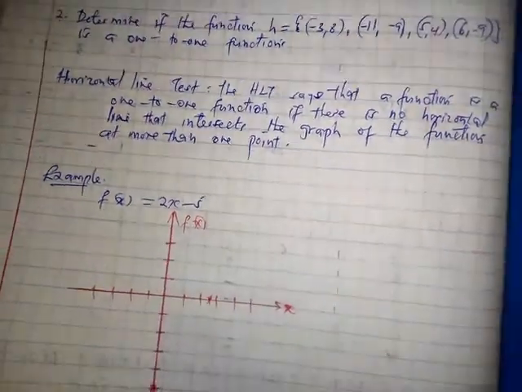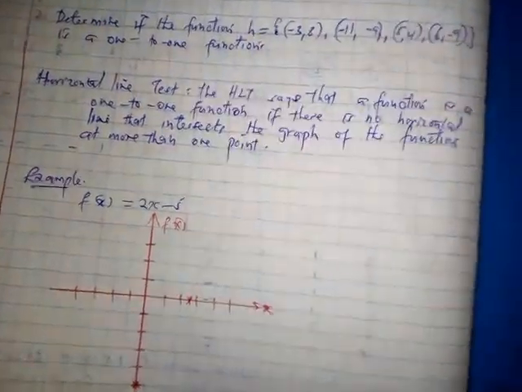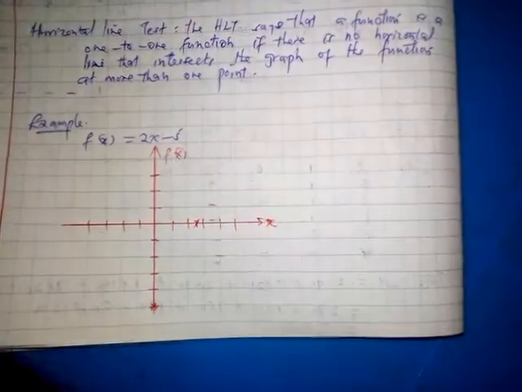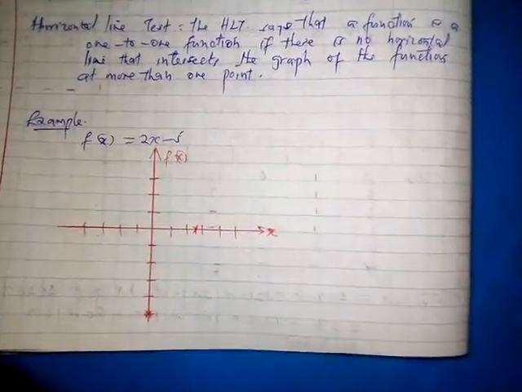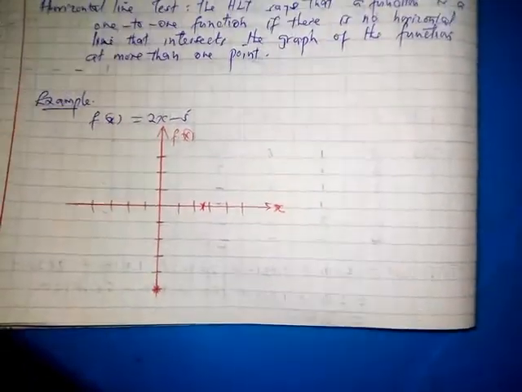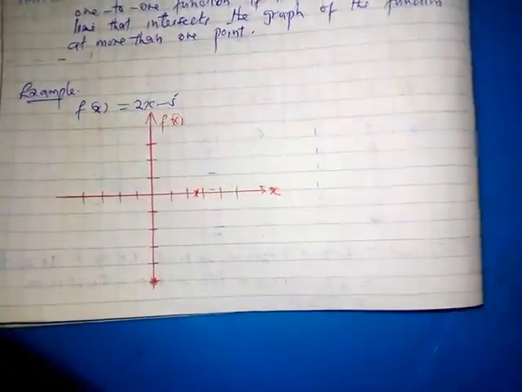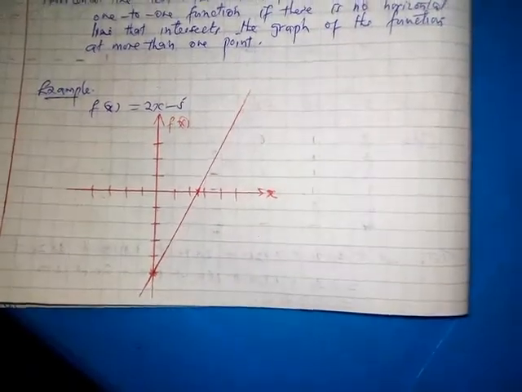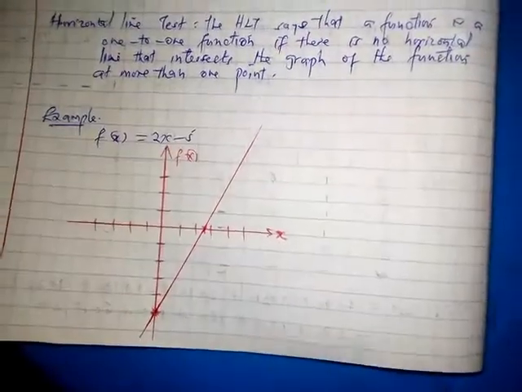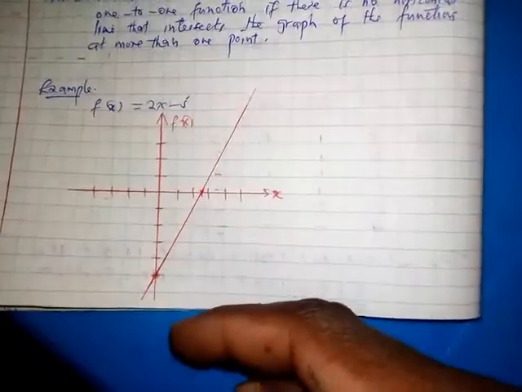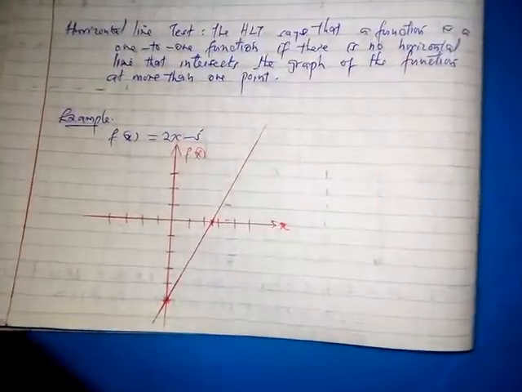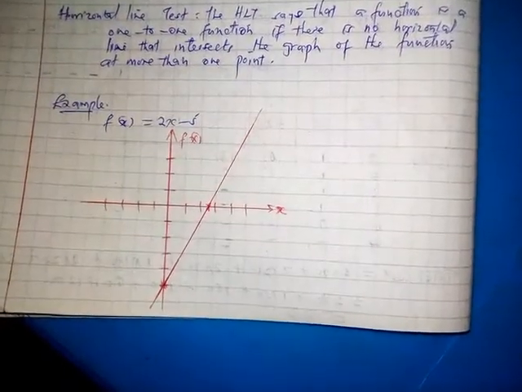I've just chosen those where the value is 0, but you can use other values to plot the graph. So we have plotted, now we draw. Here it is, I have drawn the graph of the function f(x) = 2x - 5.